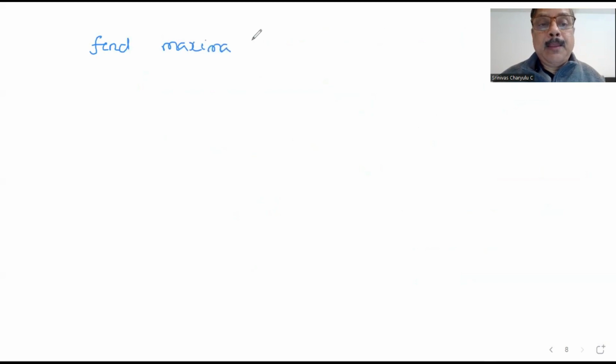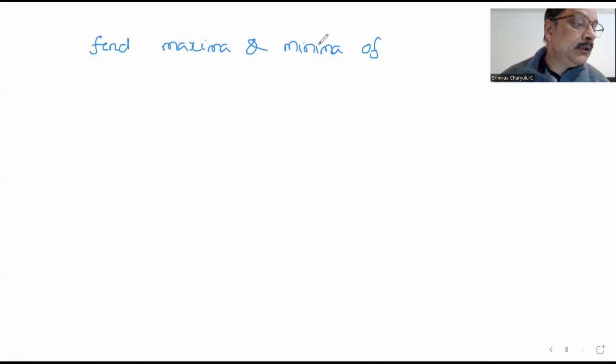Let us find out. Find maxima and minima of f of x is equal to x square.